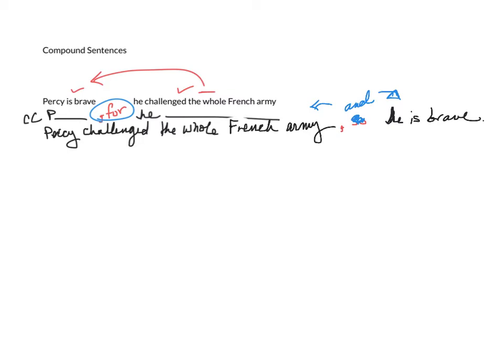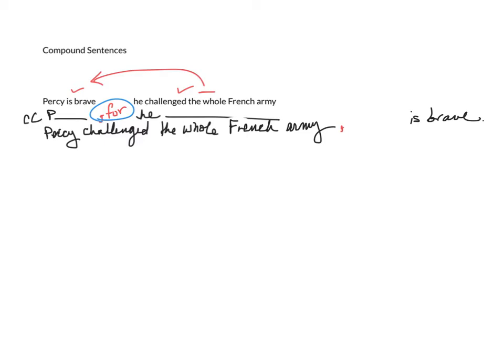And if I were to put in a word like but, Percy challenged the whole French army, but he is brave, that doesn't even make sense at all, because but says that those two ideas have to contrast each other. But these two ideas clearly don't contrast each other.